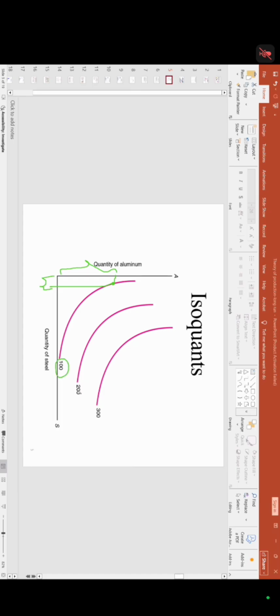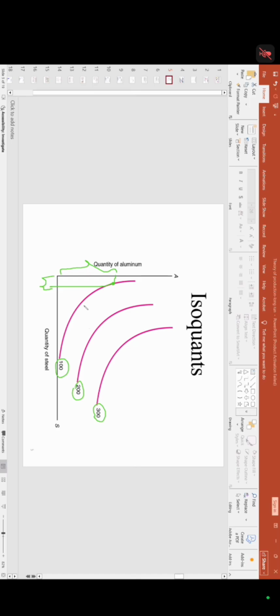This 100, 200 and 300 are your given levels of output. If you need to produce this 100, you may use this much of aluminium and this much of steel also. But you have to compromise. If you are going to increase one, you have to compromise the other one.